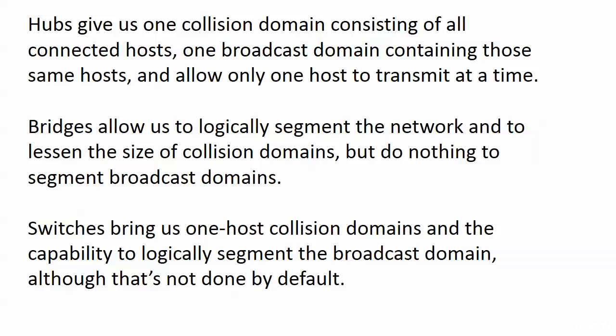And finally, switches bring us these wonderful one-host collision domains, that microsegmentation, and the capability to logically segment the broadcast domain, although that's not done by default. We're going to be doing plenty of that in the next couple of videos. Also coming up next, we're going to look at how switches handle incoming frames and the three-pronged frame forwarding decision. That's coming up next.